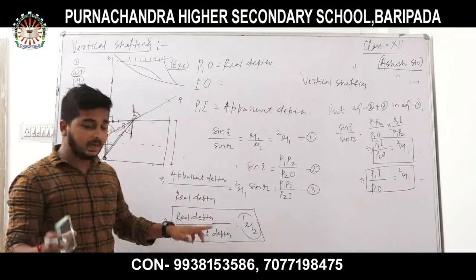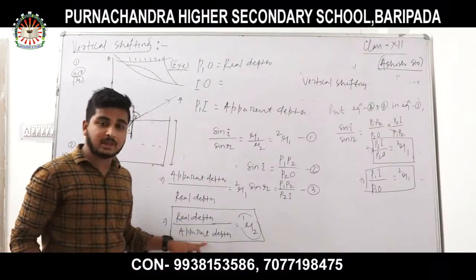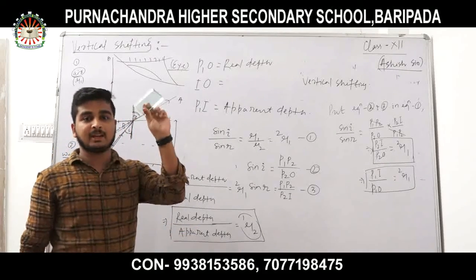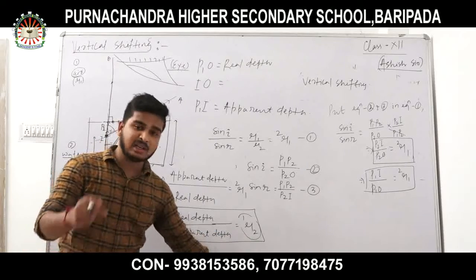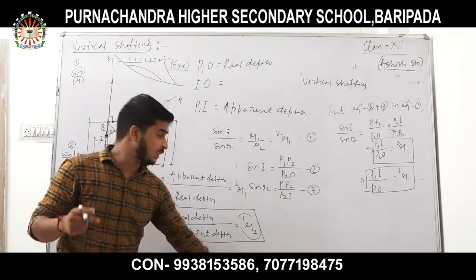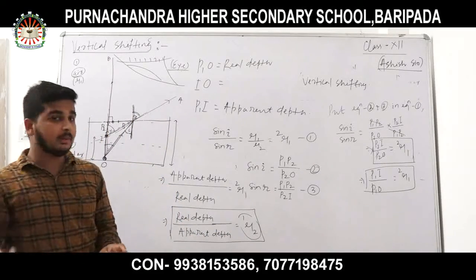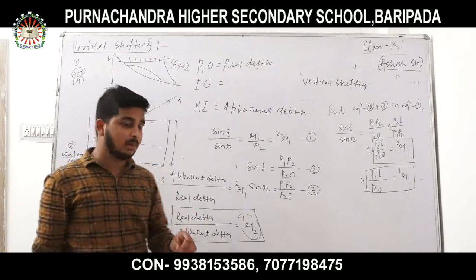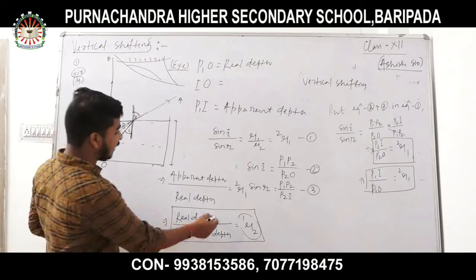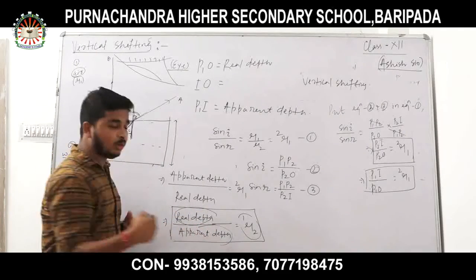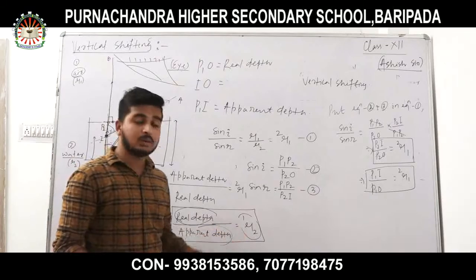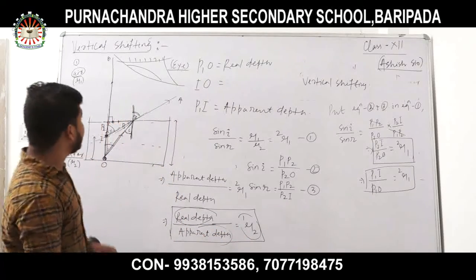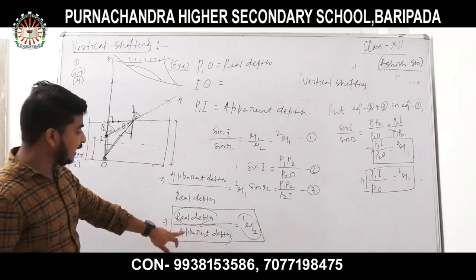So if I divide real depth by apparent depth, I can find the refractive index of the glass slab. In your class 12 CHSE syllabus 2020, there is a practical to find the refractive index of a glass slab. You have to find the real depth and apparent depth and divide them to get the refractive index.